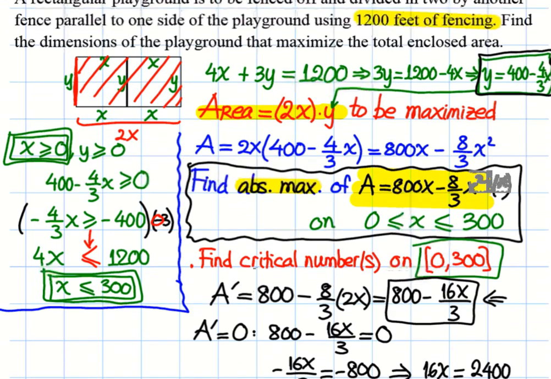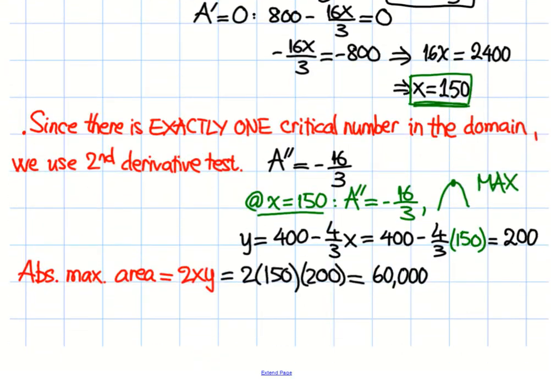Originally we had feet of fencing, so we should have 60,000 square feet, and that's what we have.